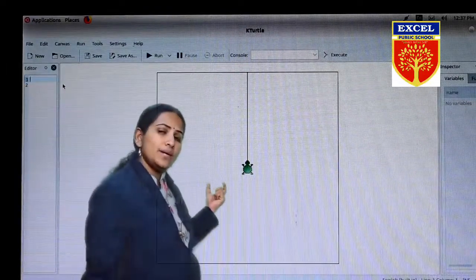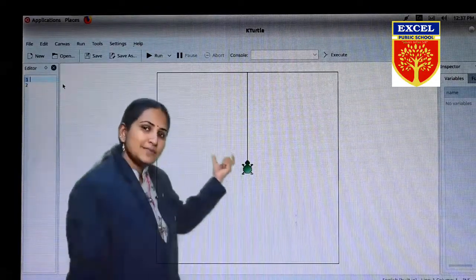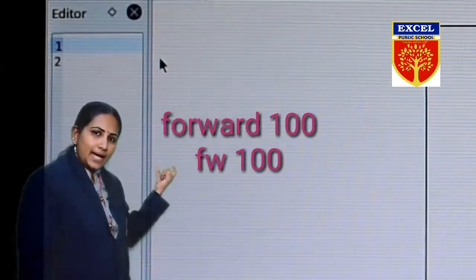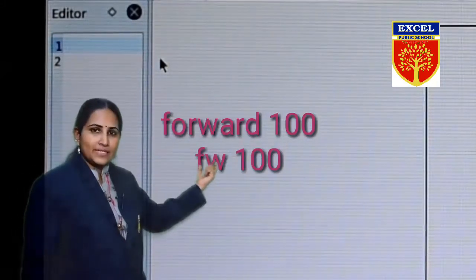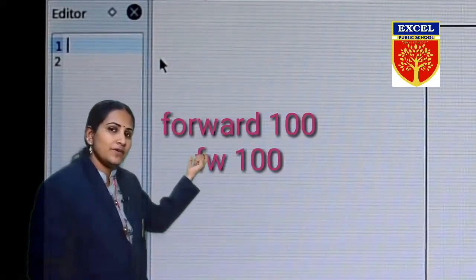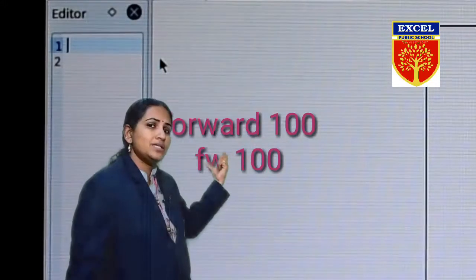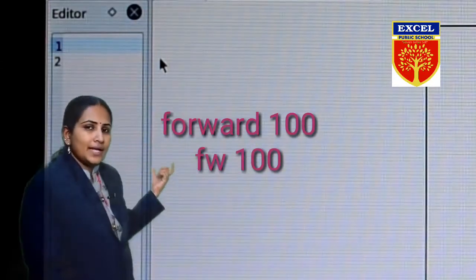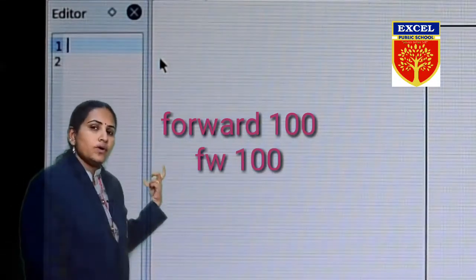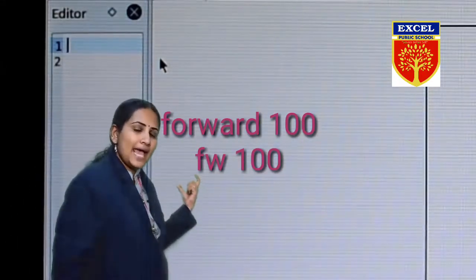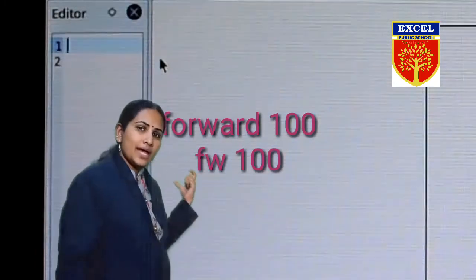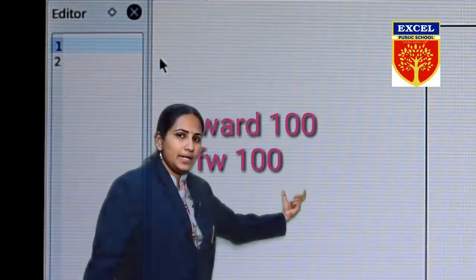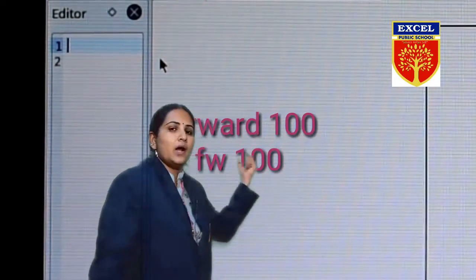For the forward command we give forward, space, and how many steps to move. Or you can write the shortcut FW. You can give FW space, then the steps, like 100 or 65 or 85.